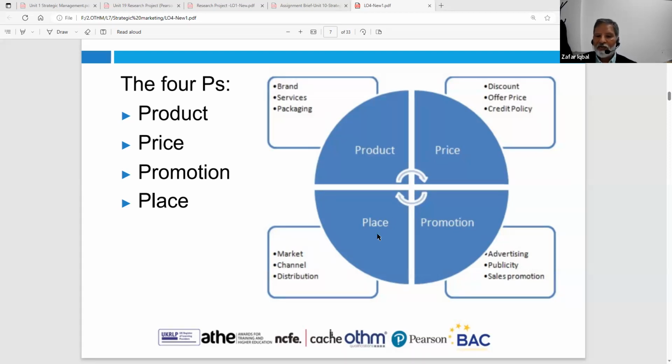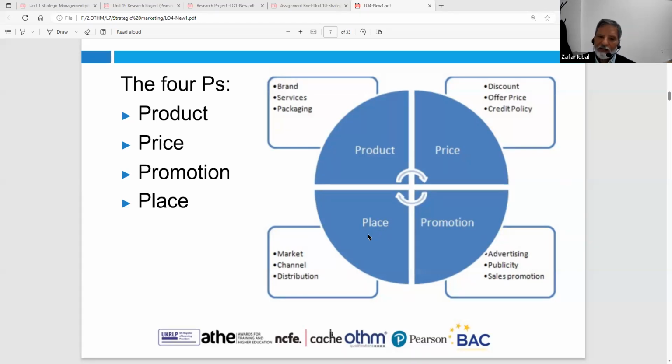Place consists of where the product is being sold, the distribution channels. For example, a marketplace where buyers and sellers come to buy goods. Place consists of channels such as shops, markets, supermarkets, garages, distribution centers, distributors, and so on.